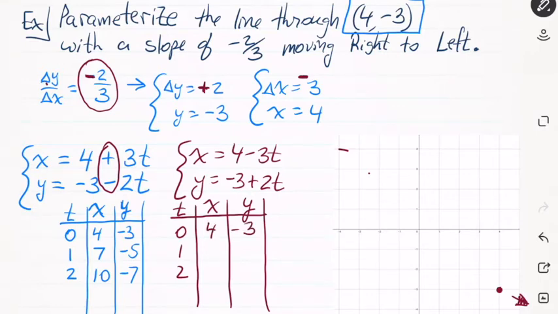Then when I let t equal 1, we're going to get 1, and then we're going to get negative 1. So we're actually getting this point. And then if we plug in 2, we're going to get 4 minus 6, which is negative 2. And then if we plug in 2 here, we're going to get negative 3 plus 4, which is 1. So we can plot the point negative 2, 1.